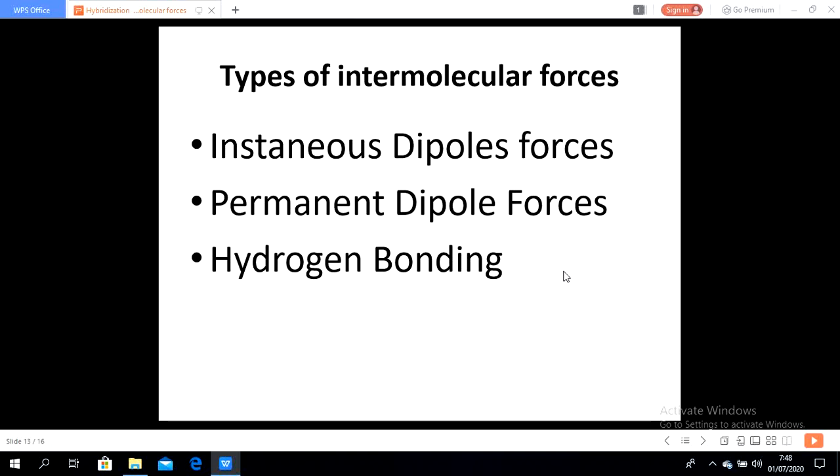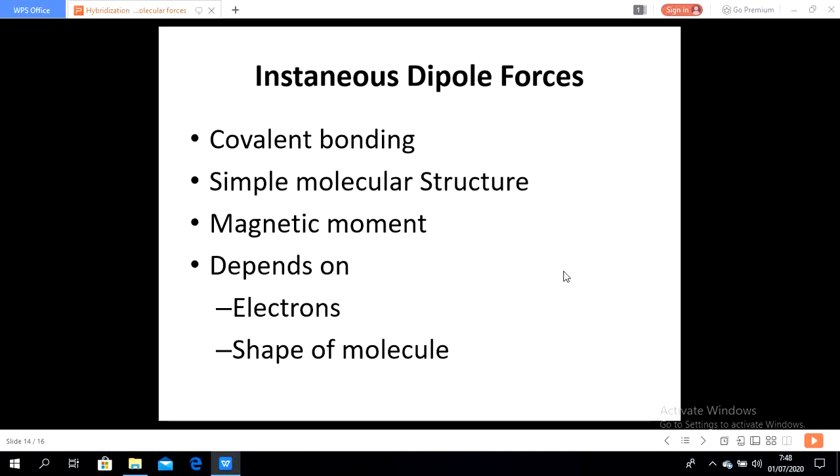Instantaneous dipole forces occur with covalent bonding. It has a simple molecular structure because it has low melting and boiling points. If it has low melting and boiling points, it is not attracted to polar substances and cannot dissolve in polar solvents. So it is most likely to be non-polar. It has a simple molecular structure, and it acts as if it has a magnetic moment, so sometimes it can be attracted, sometimes not. It depends on the electrons and the shape of the molecule.